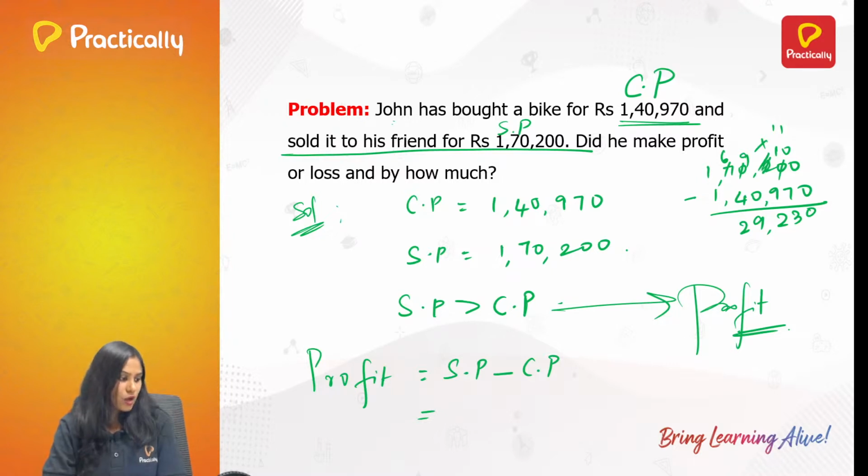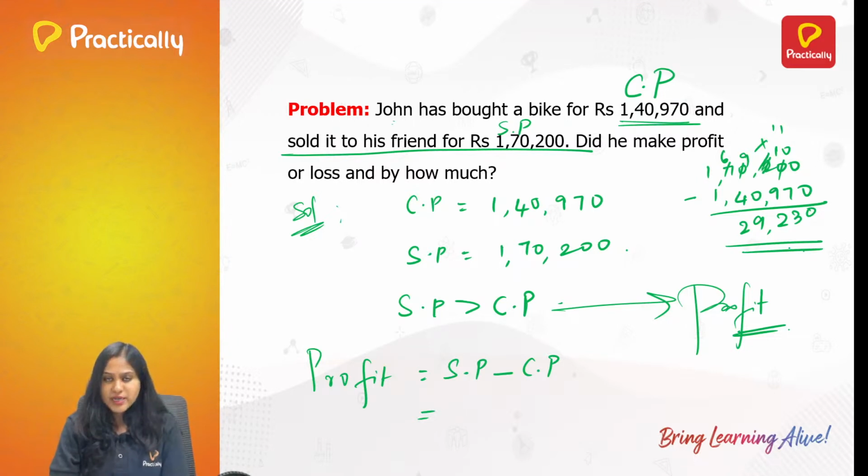Right. Okay then, so this is what the answer is. Always remember, as we summarized at the end, when CP is greater than SP, it's a loss. When SP is greater than CP, it's a profit.